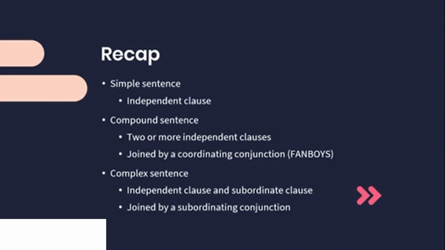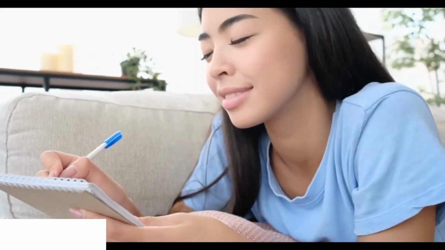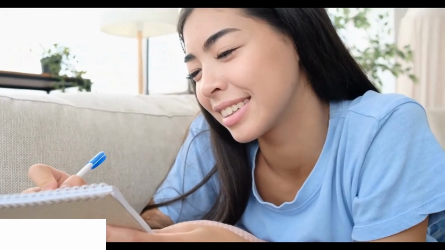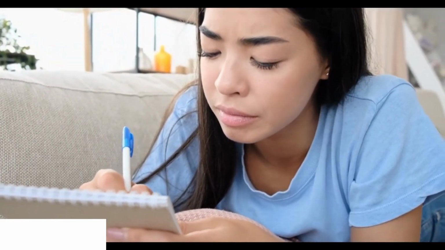And there you have it. You now know all about some of the subordinating conjunctions you learned about in this lesson. This challenge will help you practice building complex sentences. Now that you are equipped with the skills to create different types of sentences, you no longer have to rely on simple sentences only.